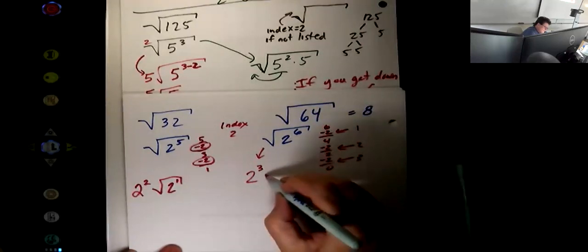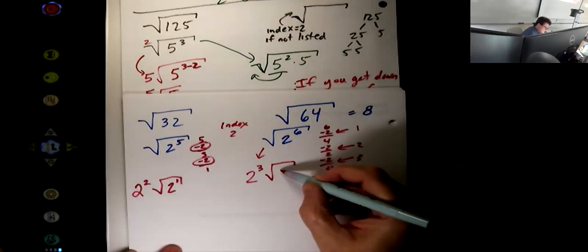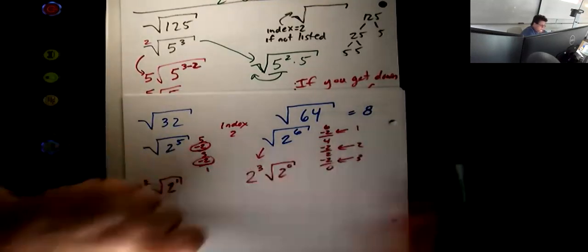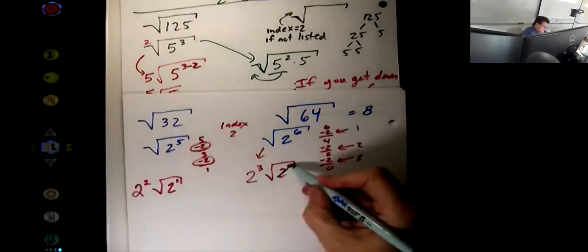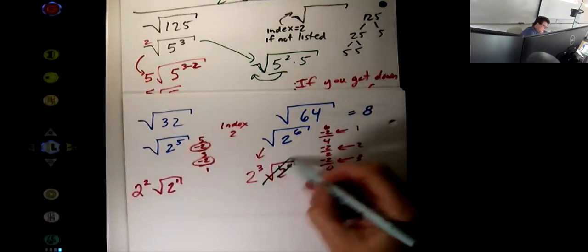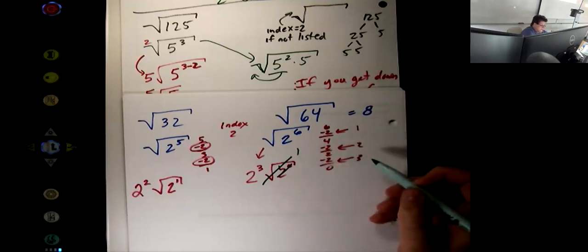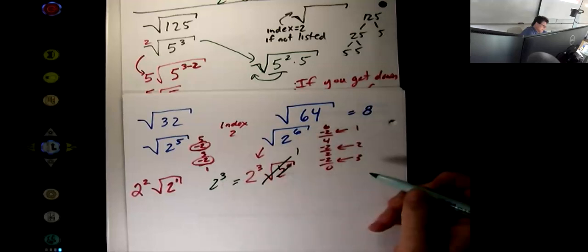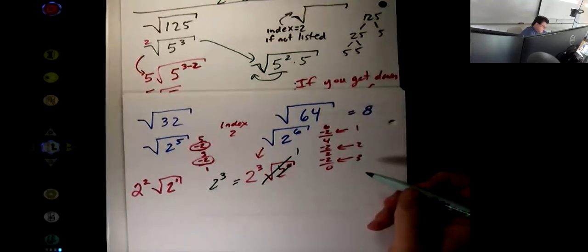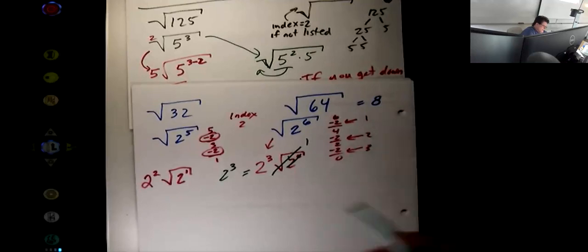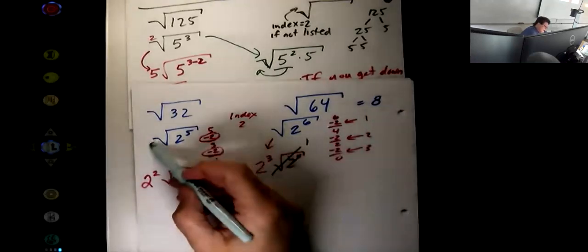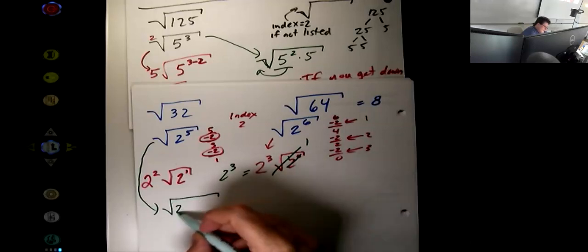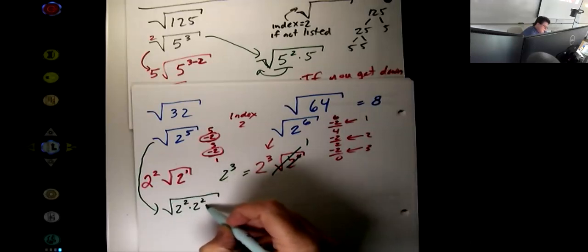And along with what Jimmy was asking, this is like having a 2 to the 0 inside. But 2 to the 0 is 1, and the square root of 1 is 1, so we don't need it anymore. This is just 2 cubed. This is what I meant by being able to pull out more than 1. If you like breaking them up, 2 to the 5th power, you could write it as 2 squared times 2 squared times 2.